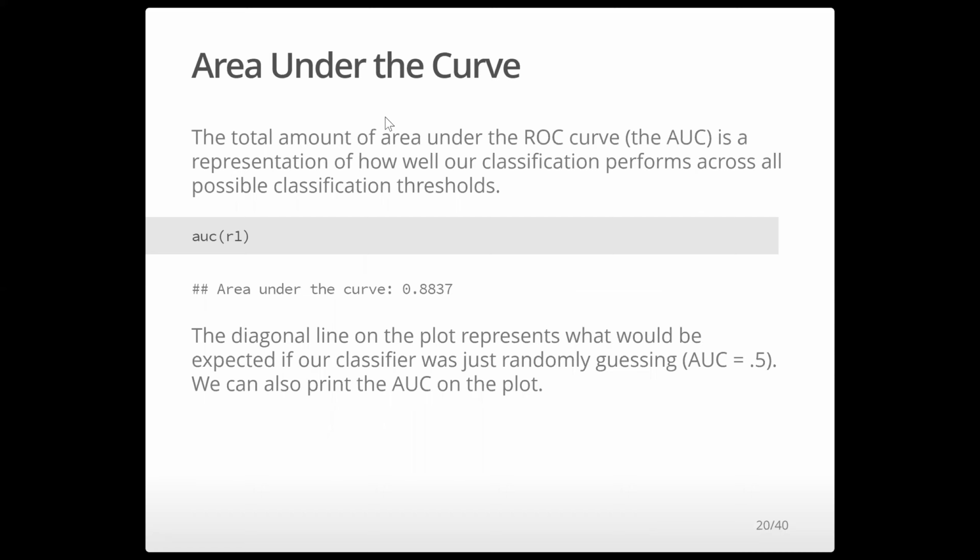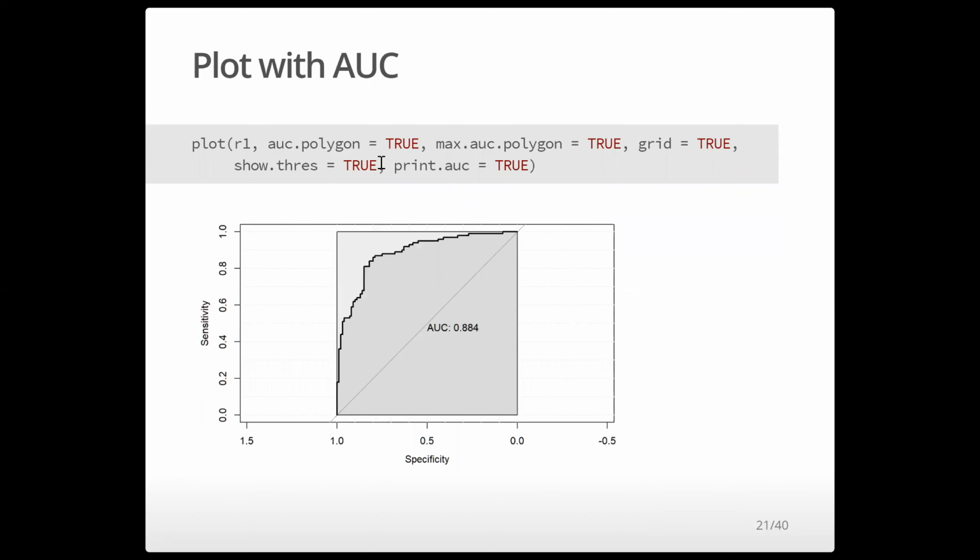And so we can calculate the area under the curve as a proportion with the AUC function. So in this case, it's 0.88. And the diagonal line, we can print this on the plot. If we call print AUC equals true, we also want to use the diagonal line as a reference.